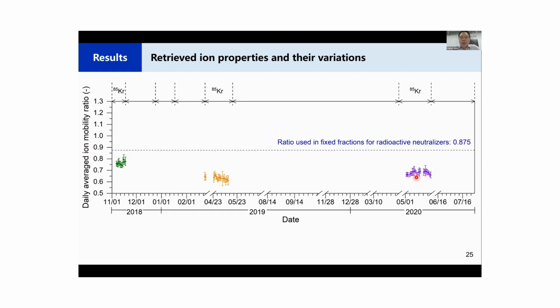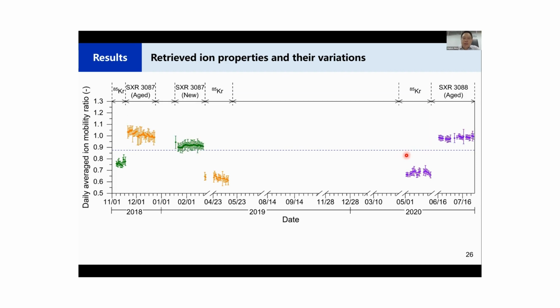Also to notice, to develop the fixed charging fractions, the ratio used for these radioactive material-based charge neutralizers is 0.875. And for the neutralizer we test here, over time it is away from the value used to derive the fixed charge fraction.